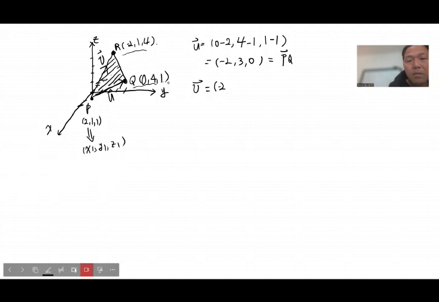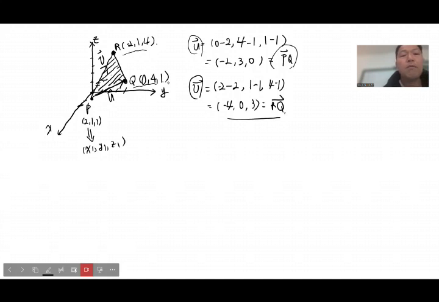And that should be minus 2 minus 2, 1 minus 1, and 4 minus 1. So that is (-4, 0, 3). That is RQ. So we just defined two vectors. The next step, we have to find the normal vector out of this one.